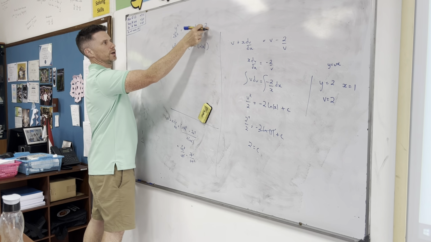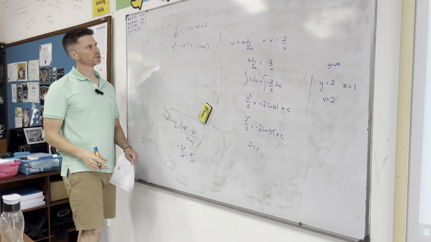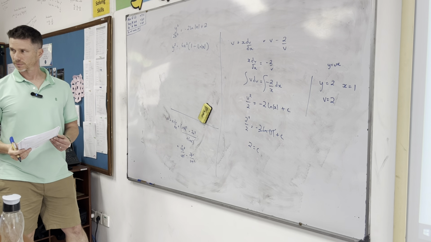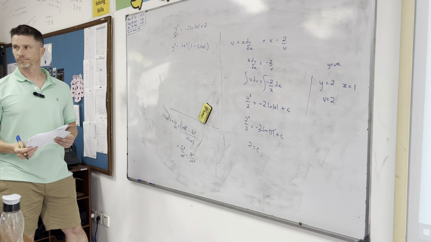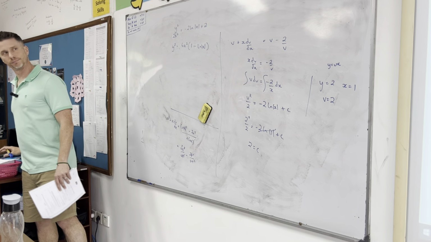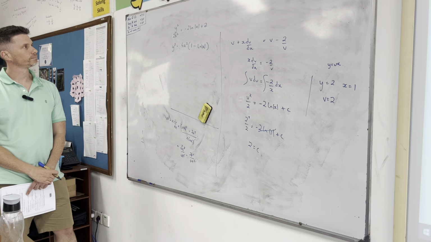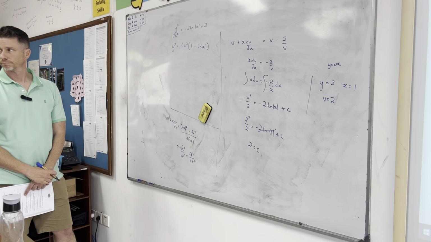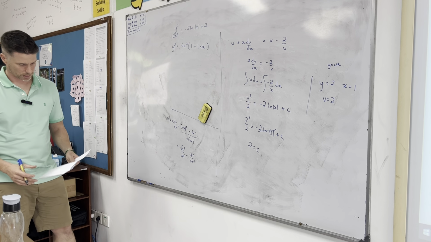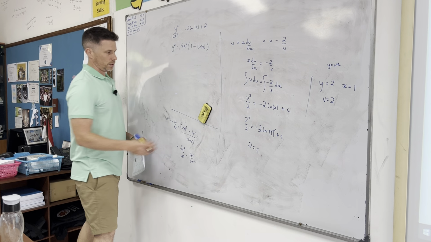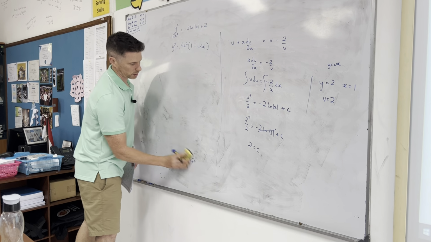So that 4x squared is here, and you just substitute v squared with y squared. Wait, did you take the minus 2 common? Oh no, you just took 2 common and multiplied by 4x squared. Okay.